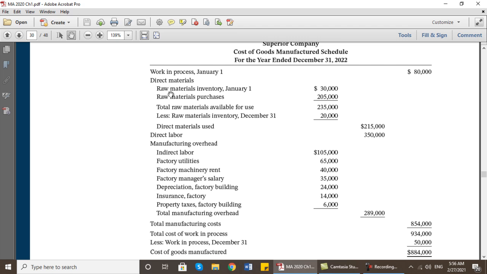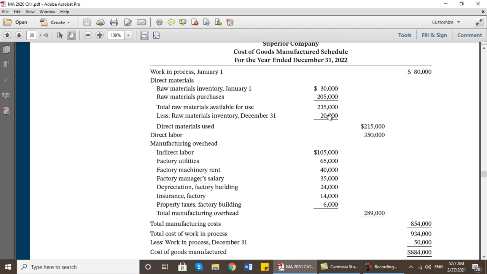As you see, this is the equation: raw materials inventory January 1st plus raw materials purchases gives raw materials available for use. We deduct raw materials inventory ending December 31 to get direct materials used.